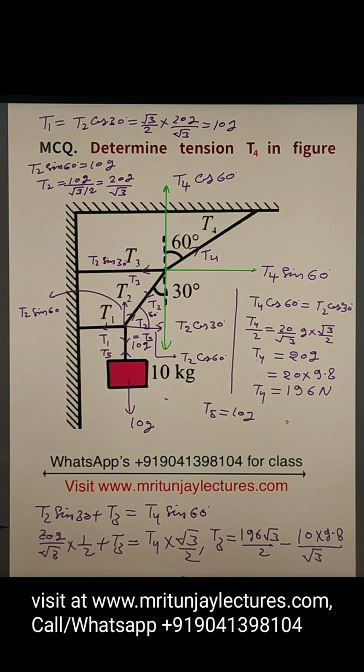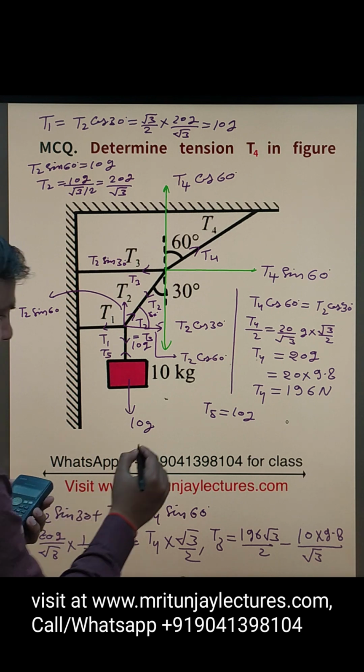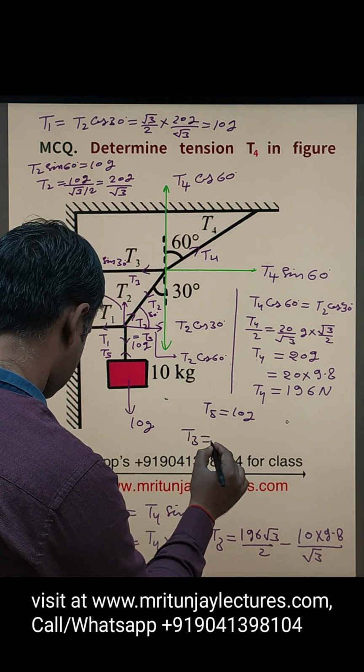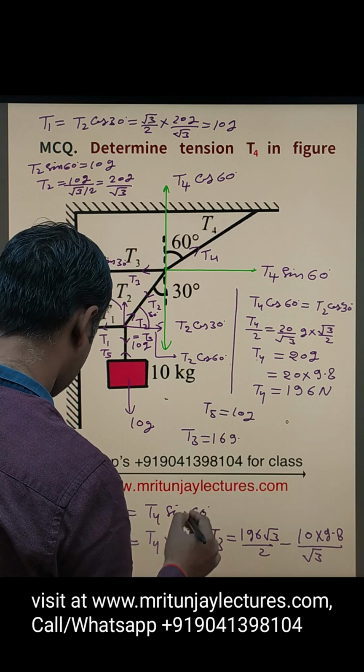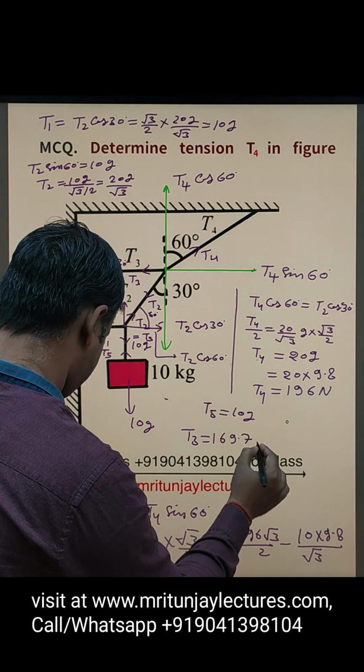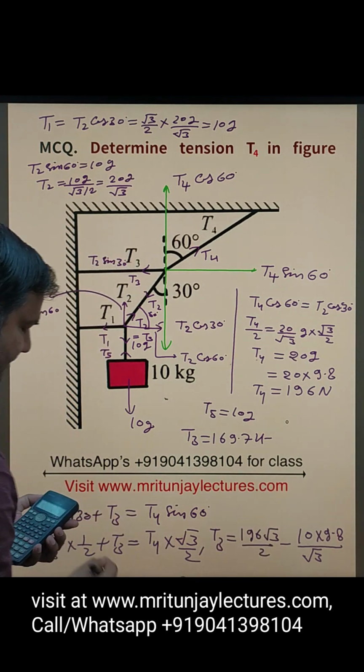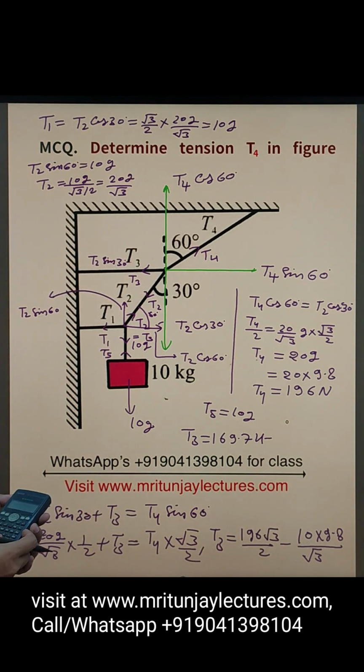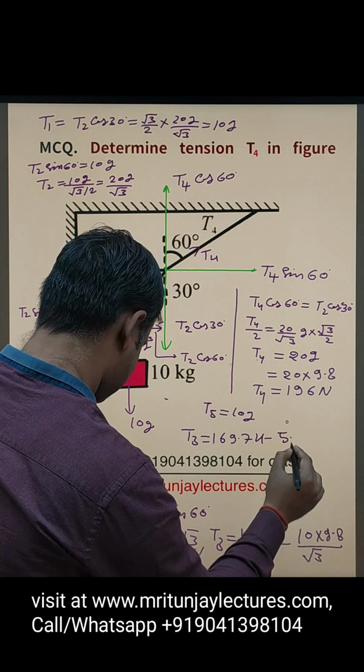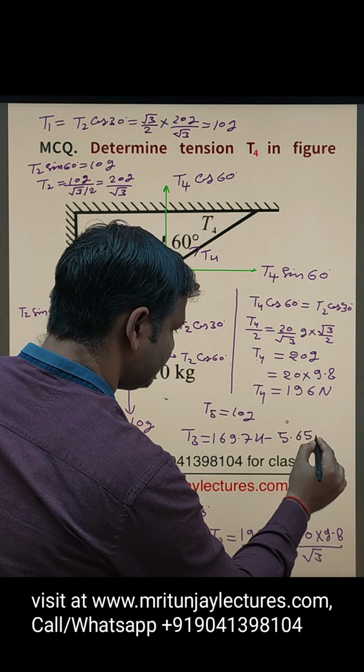Okay, so what about T3? 196 into root 3, that is how much? Like that one, divided by 2. So T3 is 169.74 minus 98 by root 3, that is 56.5.